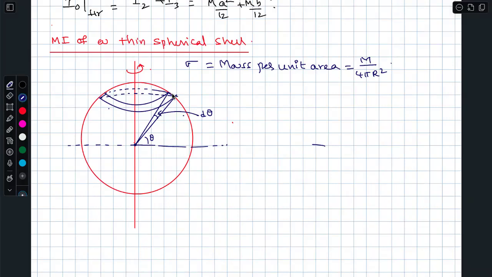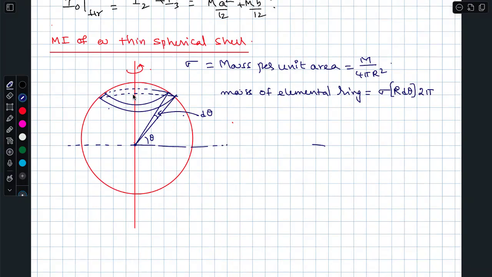Now you can see there is a ring over here. What is the mass of the elemental ring? Mass of elemental ring is equal to sigma times width, which is r d theta, times perimeter, which is 2 pi times the radius of this part.